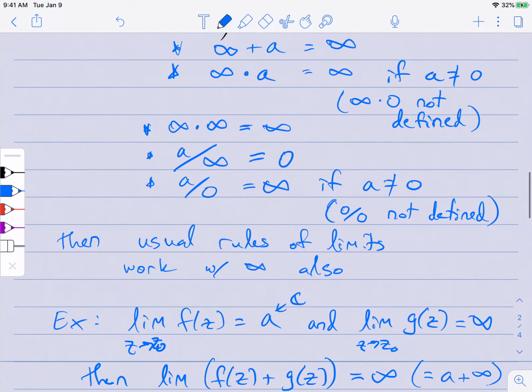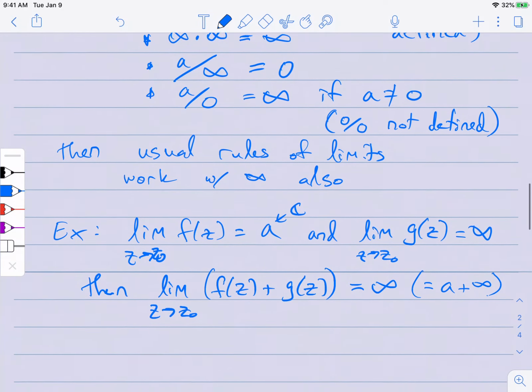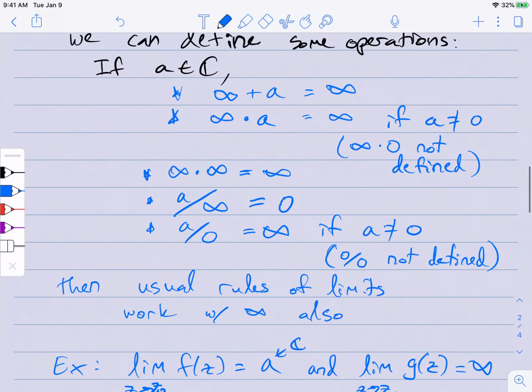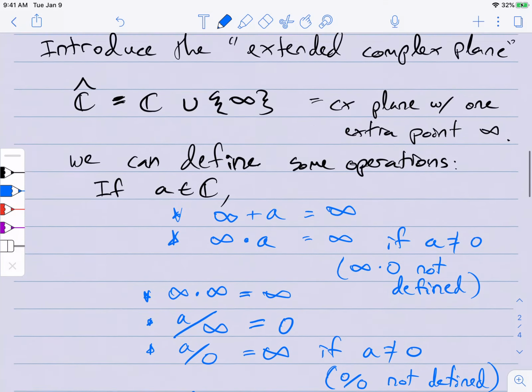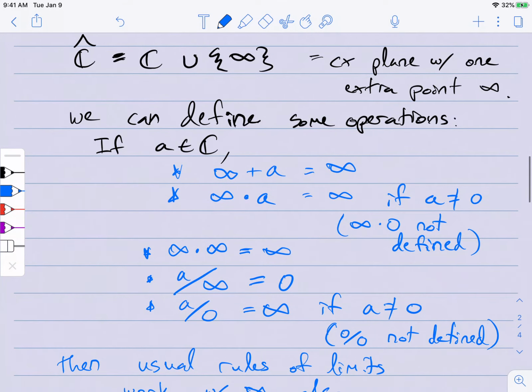And so, multiplying functions, adding functions, dividing functions, the usual rules of limits will apply with infinity limits as well if we follow these conventions. Okay, and so that's why it's useful to introduce the extended complex plane with this extra point, which appears sometimes as a limit.